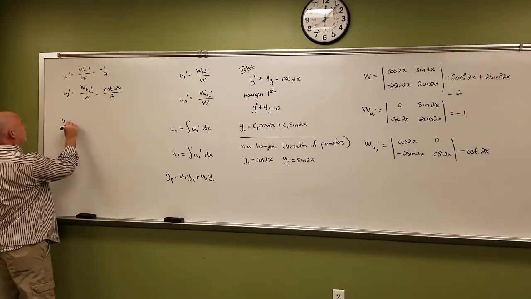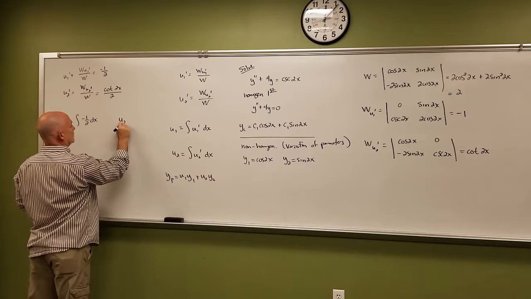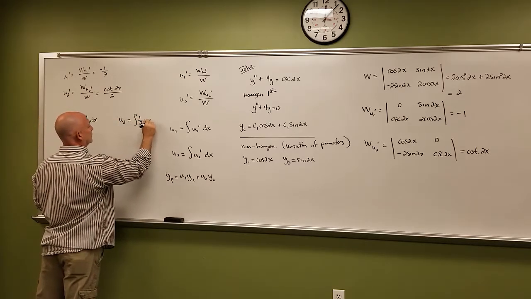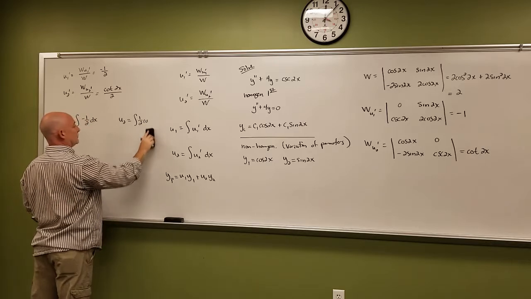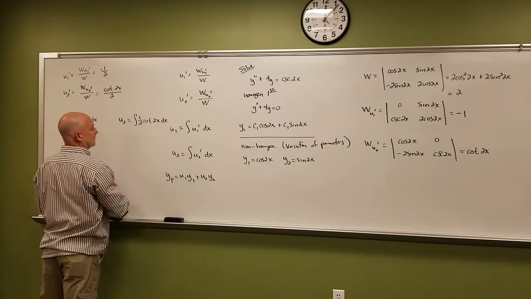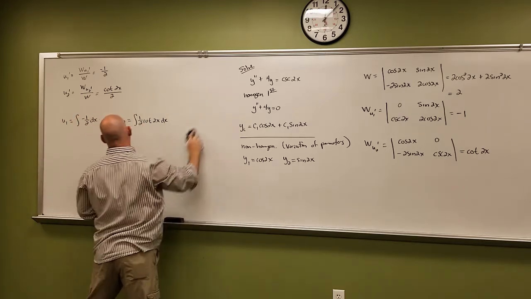So u1 will be the integral of negative 1/2 dx. u2 will be the integral of 1/2 cotangent 2x. All right, we're getting close.